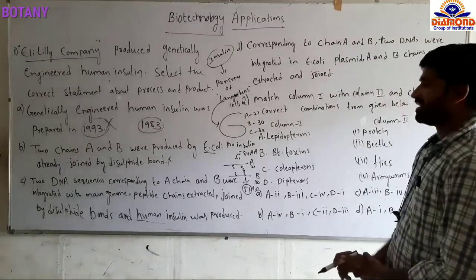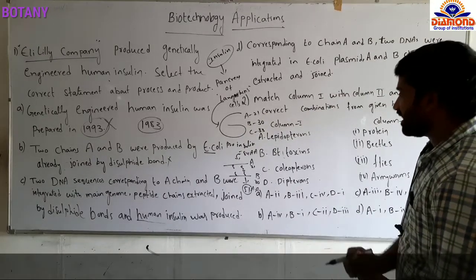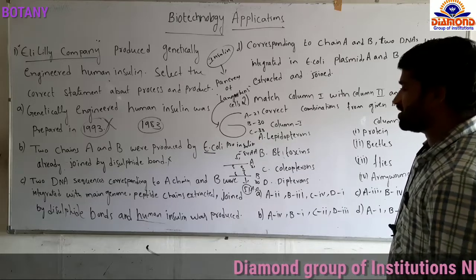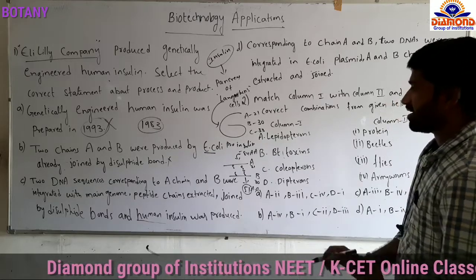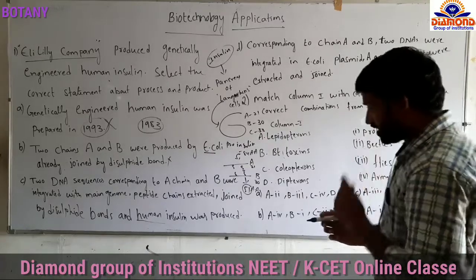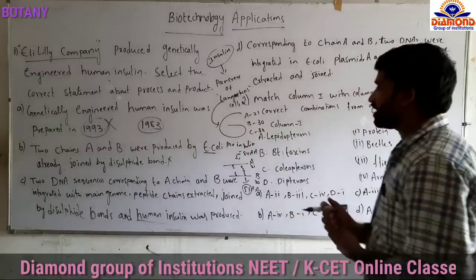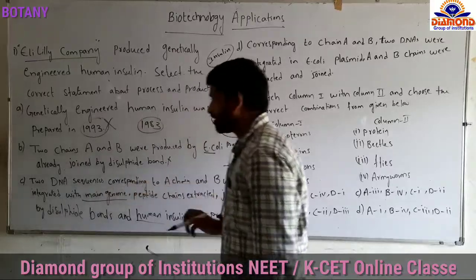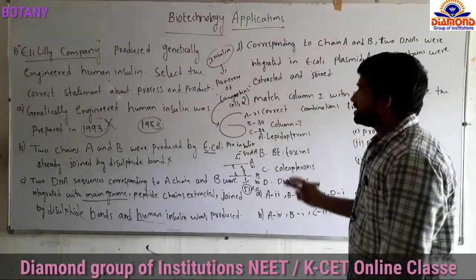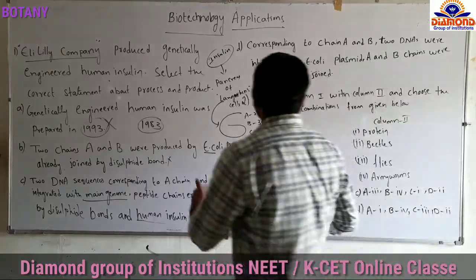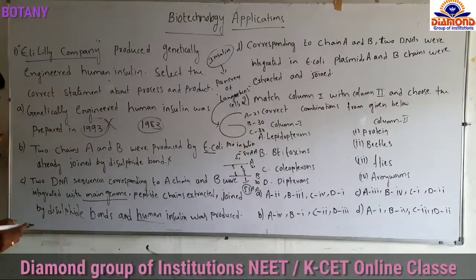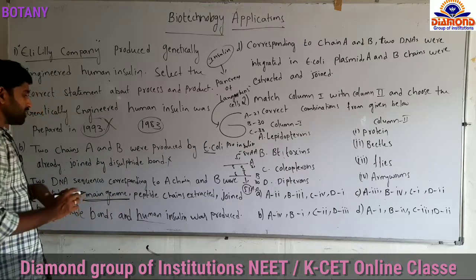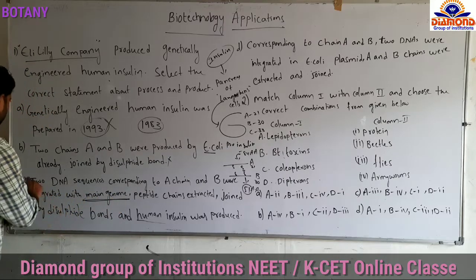According to the third option, the A and B chains are integrated with the main genome. Actually, these two A and B chains are integrated not with the main genome of human beings, but with the main genome of E. coli bacteria. Here they gave the main genome of human beings. So option C is also incorrect.